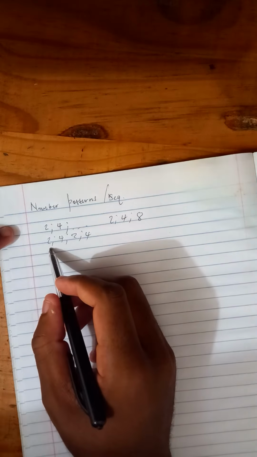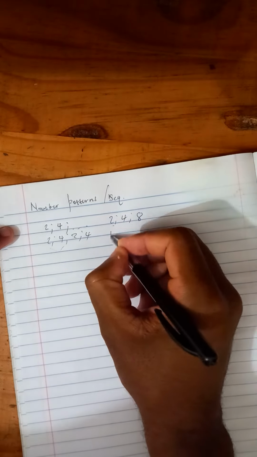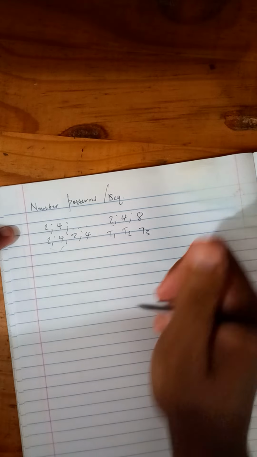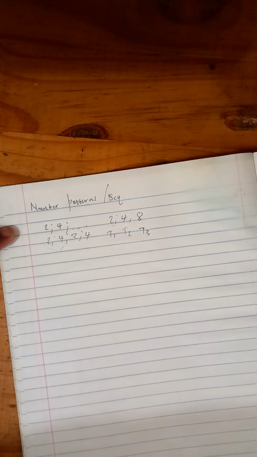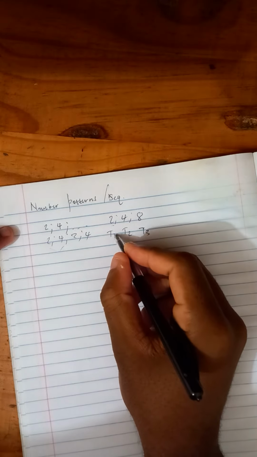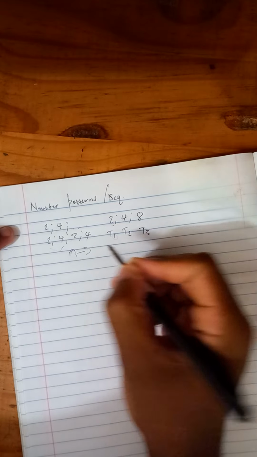A single number in a pattern is called a term. So this is term 1, this is term 2, this is term 3. You subscript with the position, so n is the position of your term.